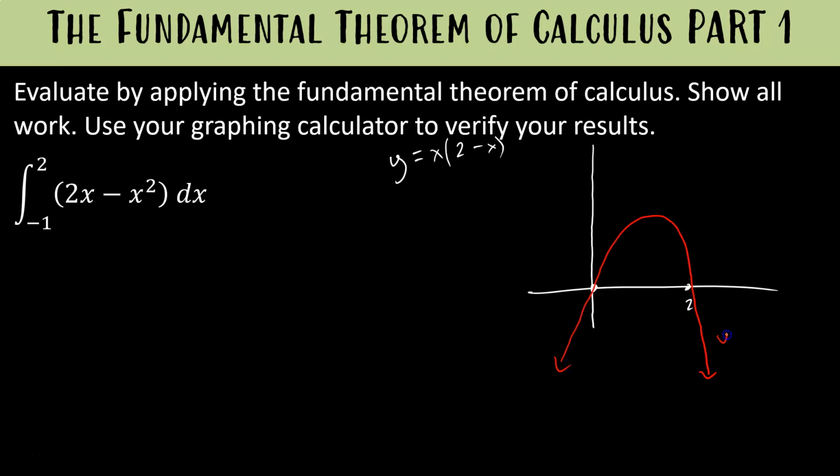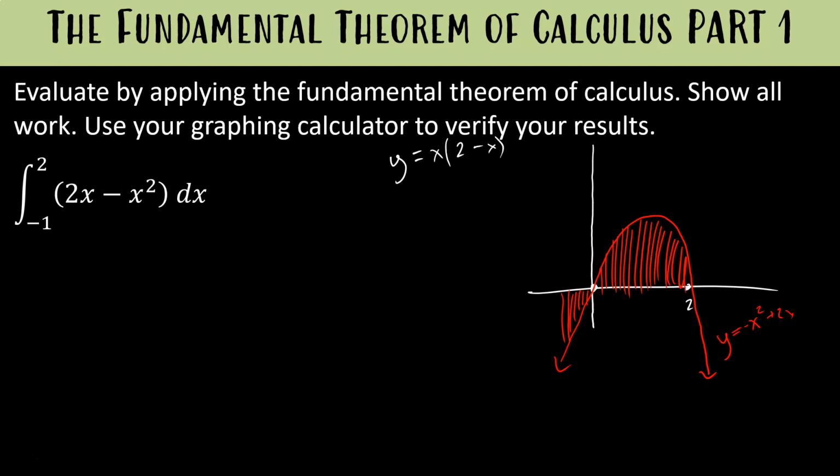Something like this. And we're going to get some negative area plus some positive area. But when we're doing that definite integral, we don't really have to worry about those negatives and positives. That's just going to happen automatically.